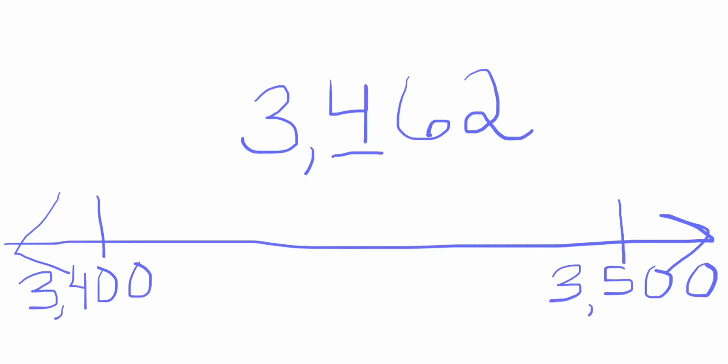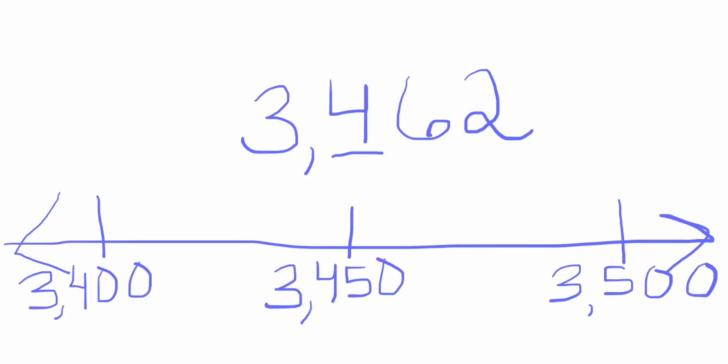Remember we did this in class? So I'm going to draw my midpoint and I'm going to say what number is halfway between 3,400 and 3,500. And I know that that number is 3,450 because 50 is in the middle between 400 and 500.